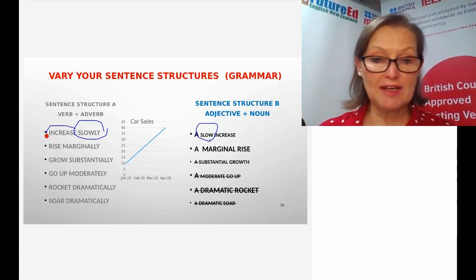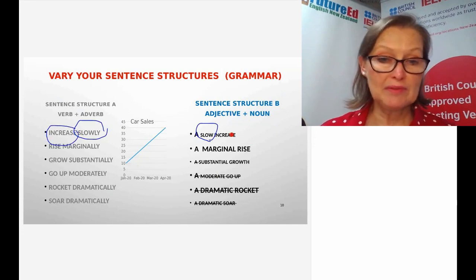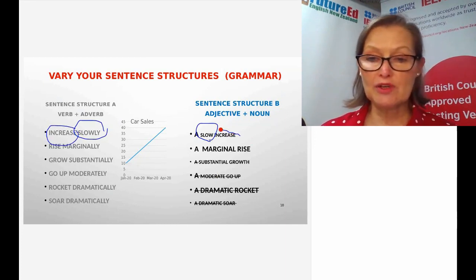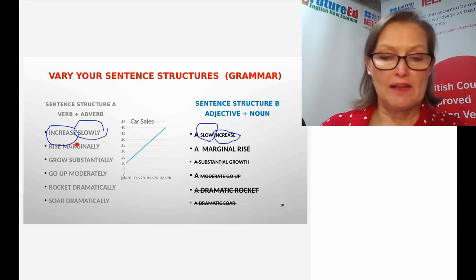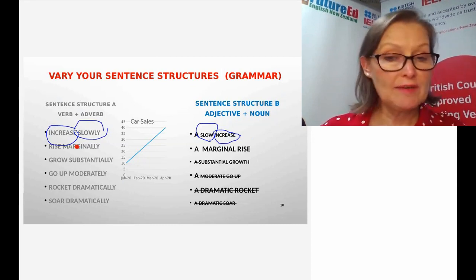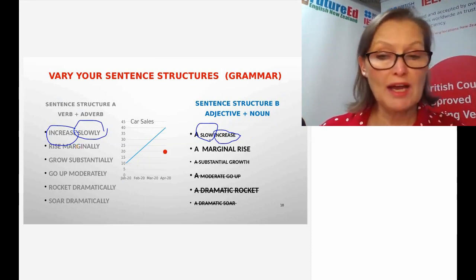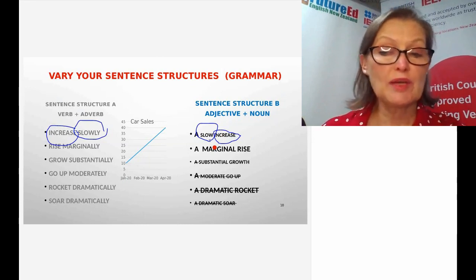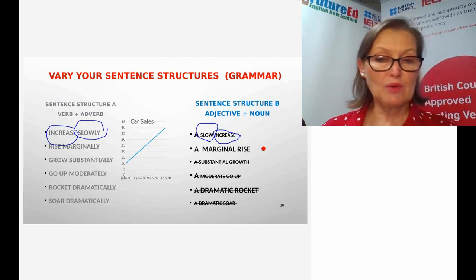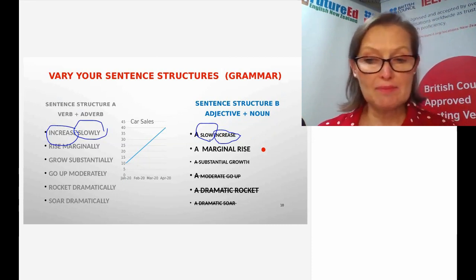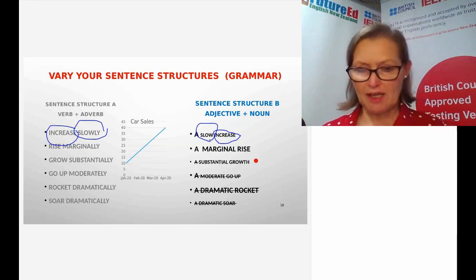And I'm going to take my verb and turn it into a noun, increase. So sales increased slowly, I can also write as there was a slow increase. So rise marginally becomes a marginal rise. Grow substantially becomes substantial growth.